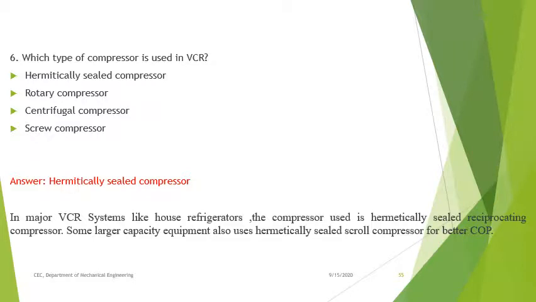In major vapor compression refrigeration systems like house refrigerators, the compressor used is a hermetically sealed reciprocating compressor. Some larger capacity equipment also uses a hermetically sealed scroll compressor for better COP.